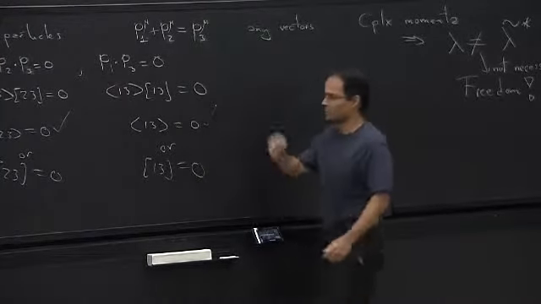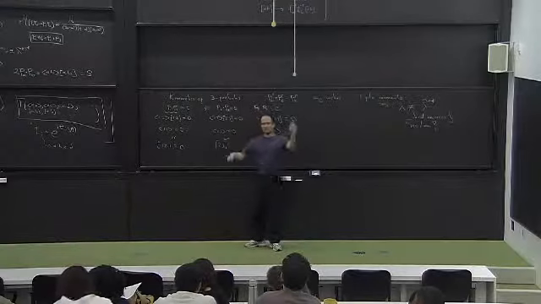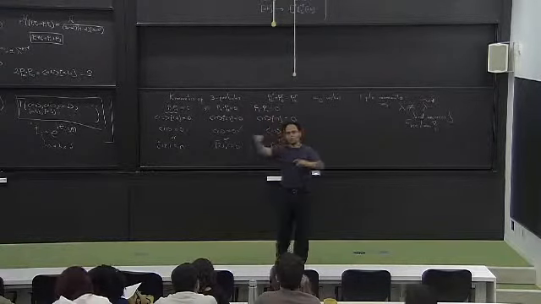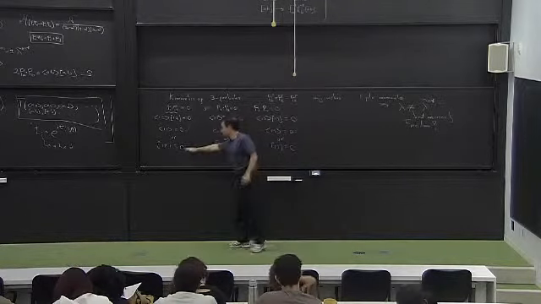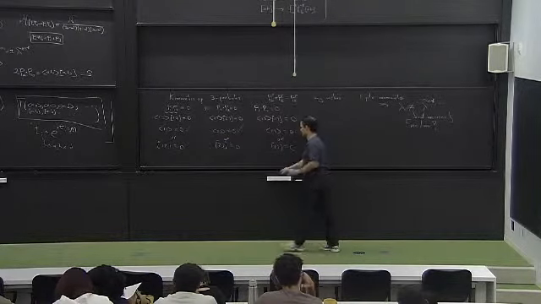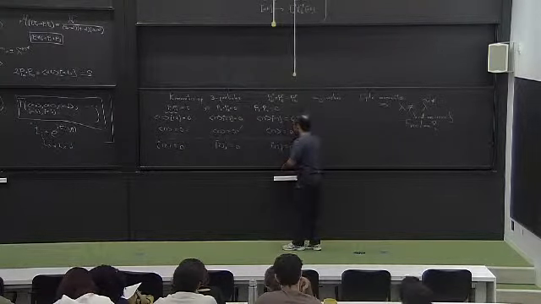That's right, so this must be true, okay? And the same thing for this one. So I cannot choose mixed solutions. I can only choose all lambdas proportional to each other, or all lambda tildes proportional to each other, and therefore I conclude that I only have 2 solutions.